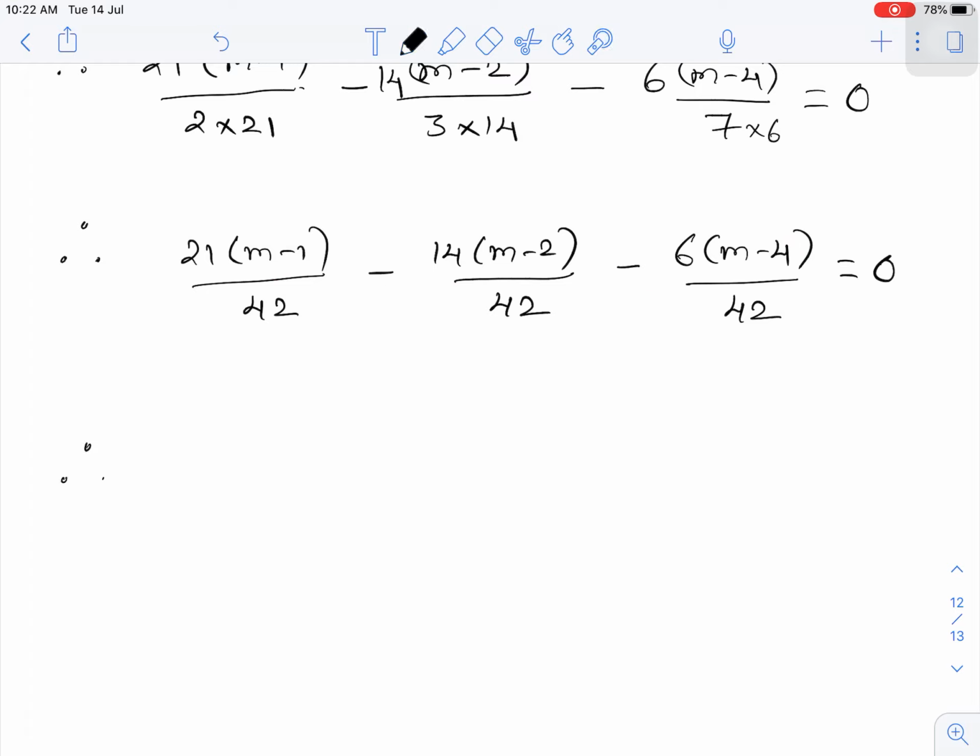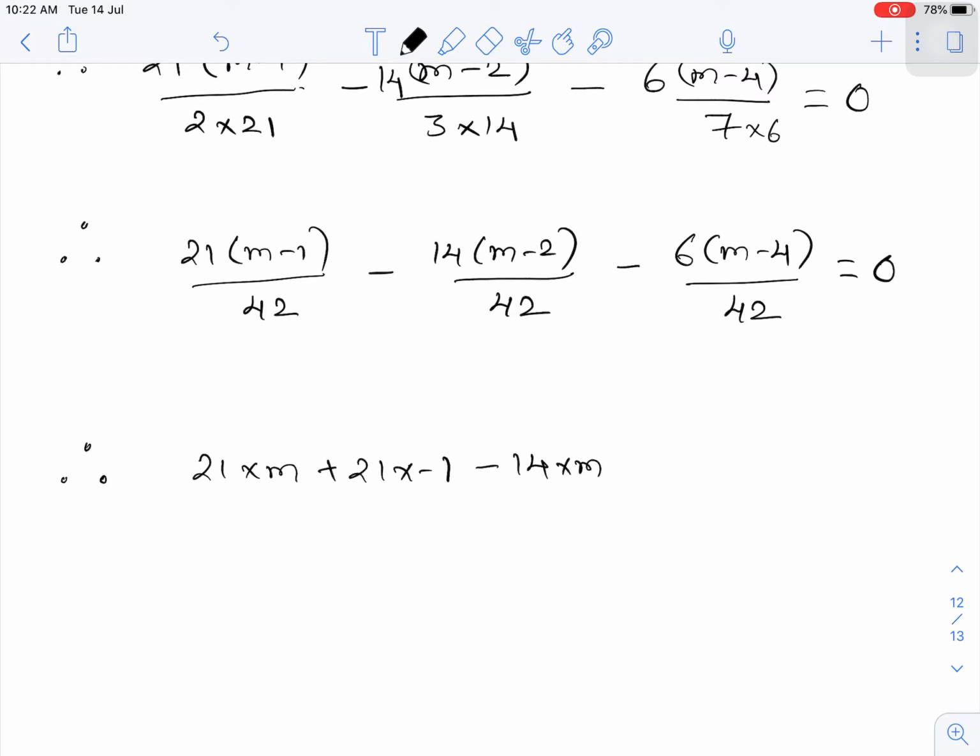Okay, so what you will get, therefore now this 21 into m will become 21m, 21 into m, then plus 21 into minus 1, then minus 14 will multiply first to m.